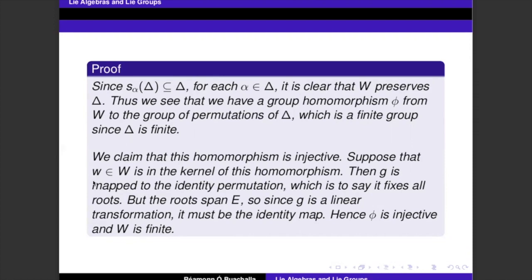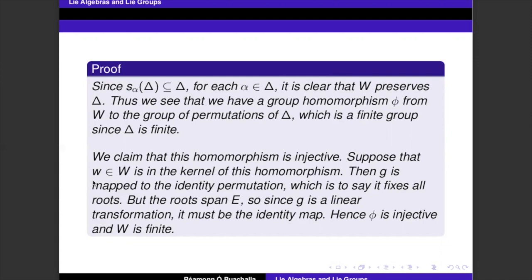So the image, at least, of W under this group homomorphism is a finite group. If we could show that this homomorphism was injective, then we'd know that W was finite. What could happen is that there was a huge kernel that killed an infinite number of things and turned this infinite group into something finite. But our claim is that this is not what happens. The claim is that it's actually injective.